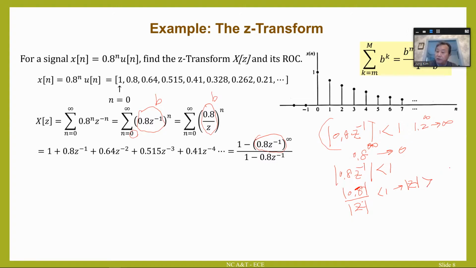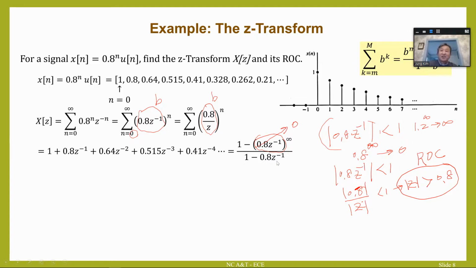This is the region of convergence, ROC. In this condition, the term approaches 0. So far it's okay? Anybody has a question? You're going really fast, but it's all good.